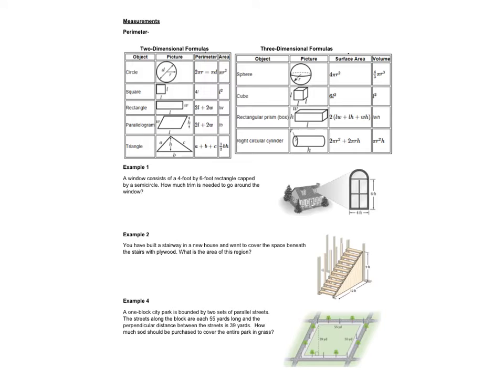One of the measurements we want to look at for a 2D and a 3D shape is the perimeter. Remember, the perimeter is the measurement around, or you can think of it as the rim of the figure, whether it's 2D, 3D, whatever the shape may be.